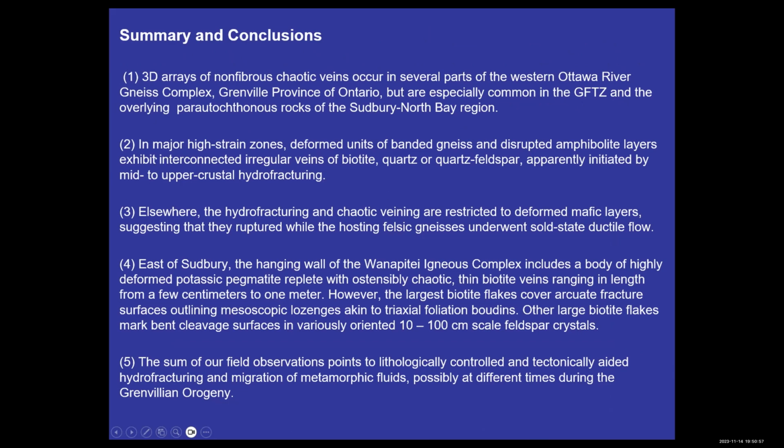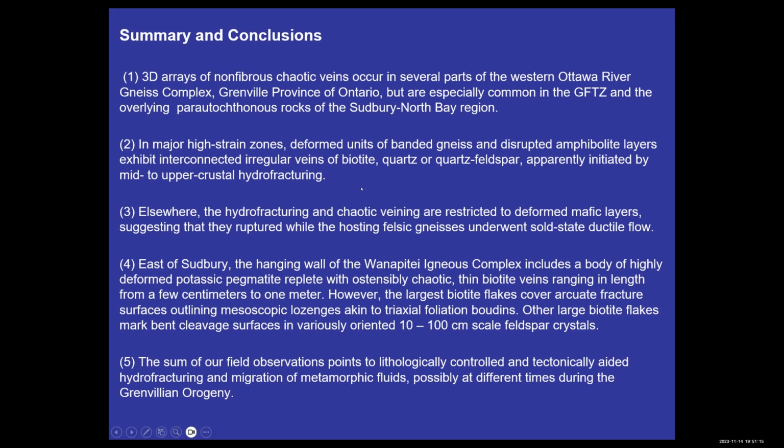Second conclusion: in major high strain zones, deformed units of banded gneiss and disrupted amphibolite layers exhibit interconnected irregular veins of biotite, quartz, or quartz-feldspar, apparently initiated by mid to upper crustal hydrofracturing.